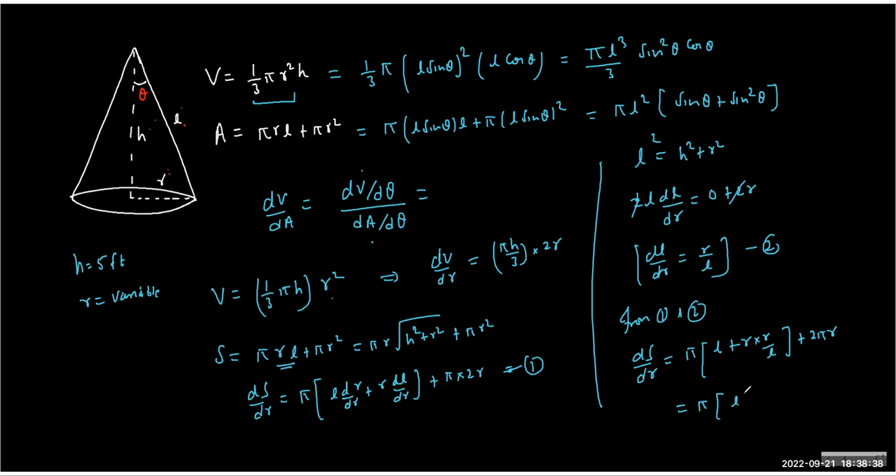So we have L square plus r square by L, and we can substitute L, which is h square plus r square. So we got both values, and now you can take the ratio of the two.